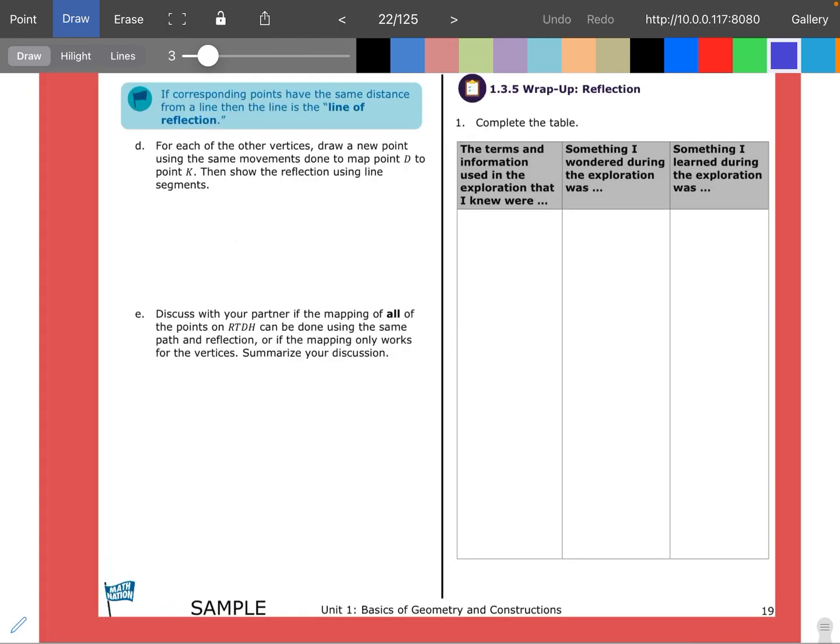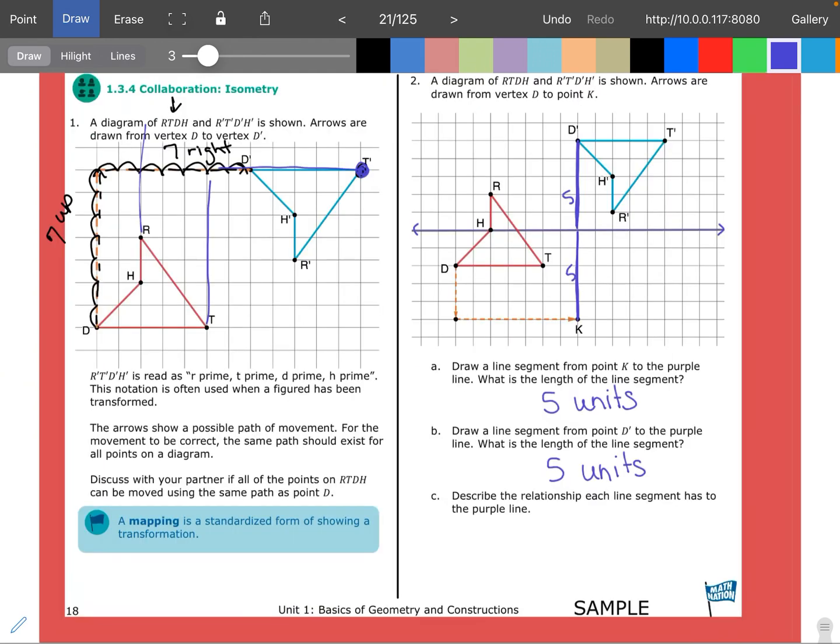If corresponding points have the same distance from a line, then that line is the line of reflection. So that purple line right here is our line of reflection, because K is 5 units away from the line of reflection, and D prime is 5 units away from the line of reflection. So K would reflect over that line and map onto D prime.